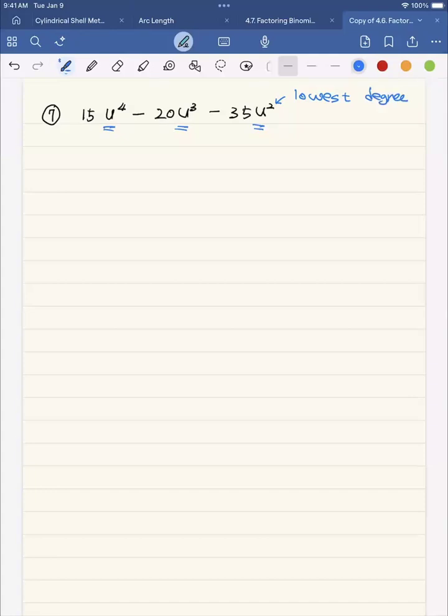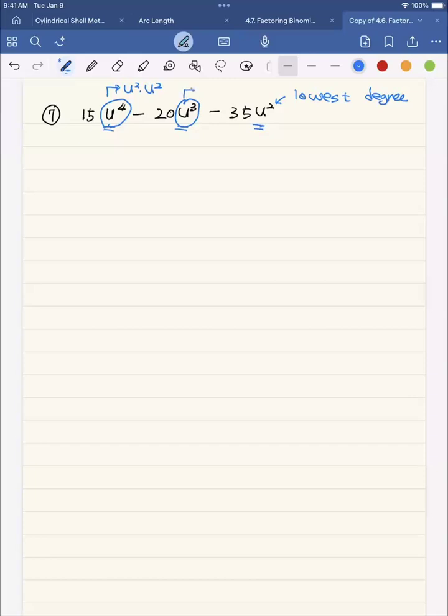So we rewrite the other terms with u squared times u squared to factor out u squared, because we know that when it's related to a variable to a certain power, the lowest degree one will be the greatest common factor.